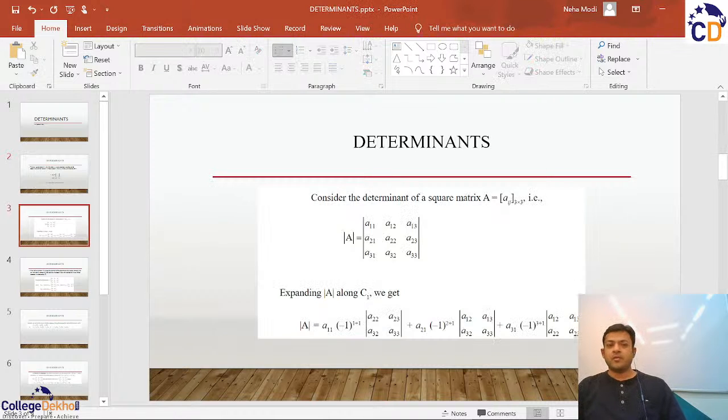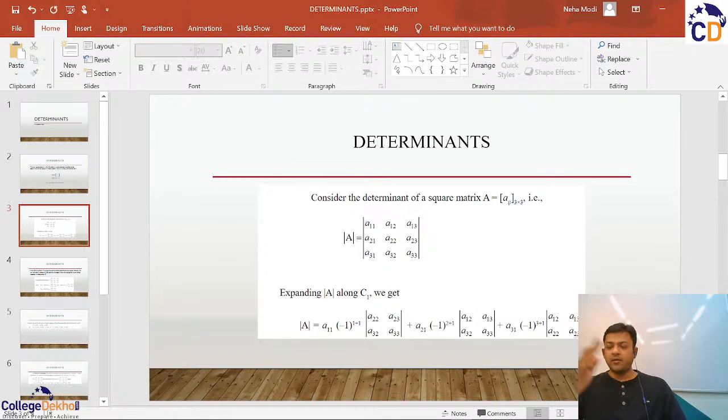Okay. Now we'll move on to the next topic. Suppose we have a determinant which has an order of 3, which means it has 3 rows and 3 columns. Each element of the determinant is shown on the screen. The element in the first row, first column is represented by small a11.